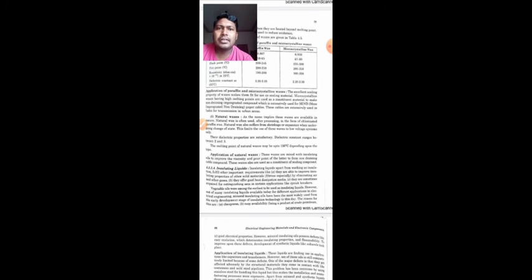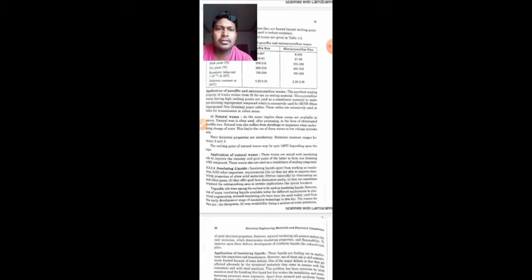So now students, natural waxes. As the name implies, these waxes are available in nature. Natural waxes are often used after processing in the form of chlorinated paraffin wax. Natural wax also suffers from shrinkage or expansion when undergoing change in state.